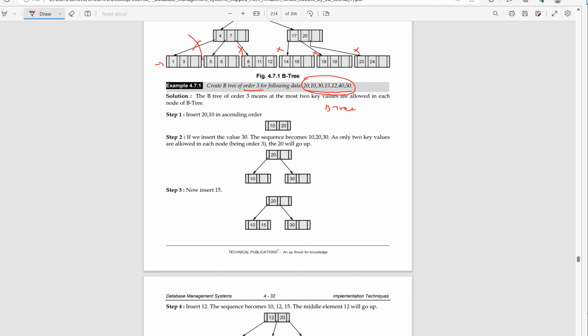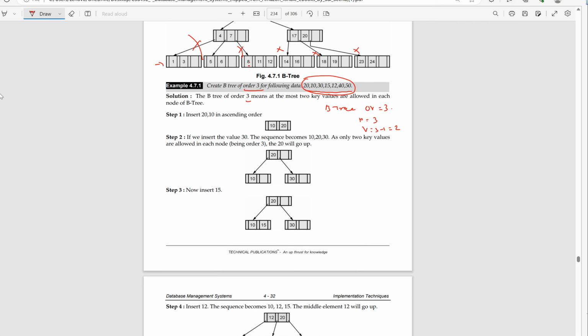So first, what we are doing here, they have given the order as 3. If the order is 3, then the node will have 3 pointers, and then values will be order minus 1, that is 2.